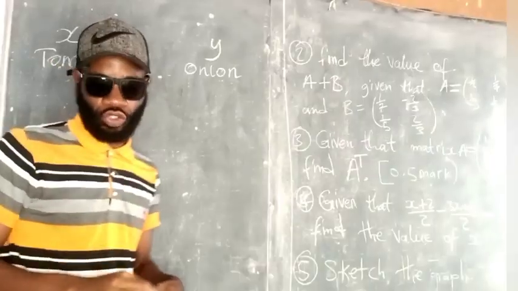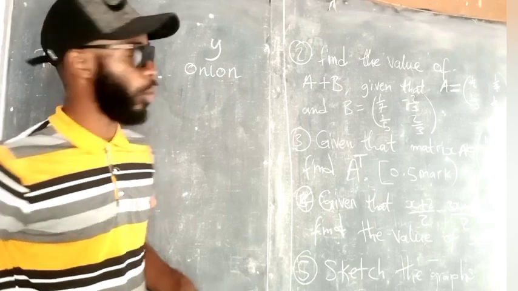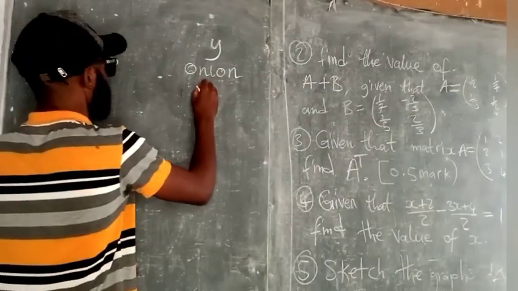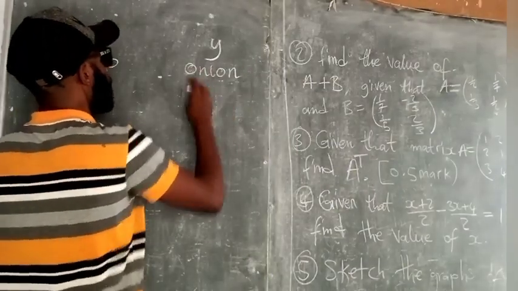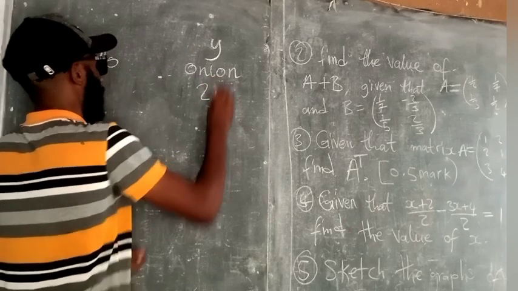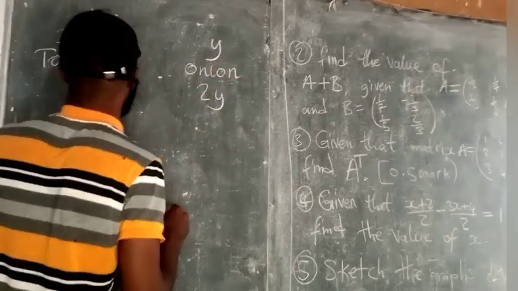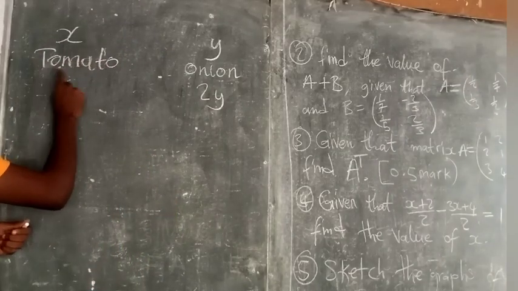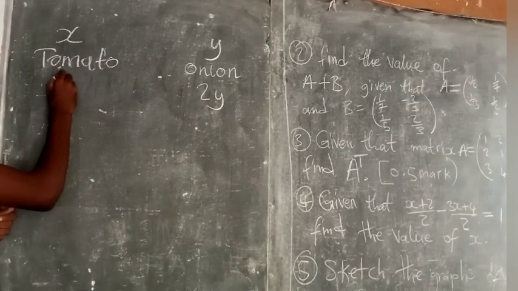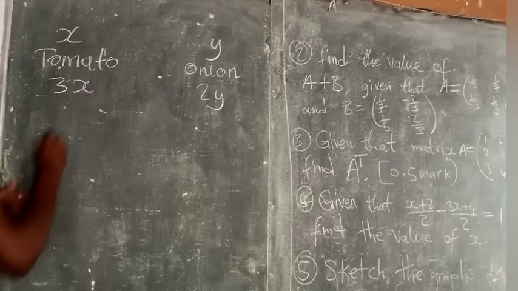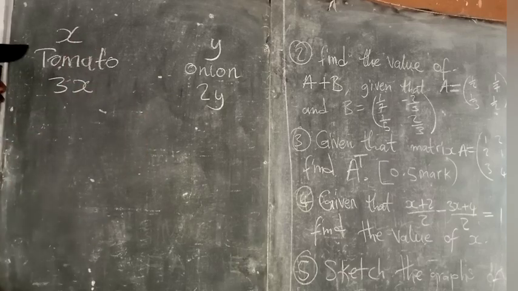How many onions do we have in total? We have 2 onions. So instead of writing 2 onions, we're going to write 2Y, because Y represents the onions. And on this side, instead of writing 3 tomatoes, we're going to write 3x, because this x represents the tomatoes.